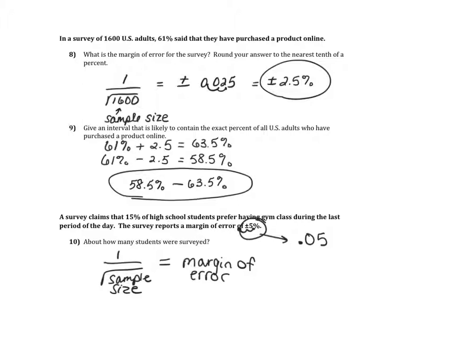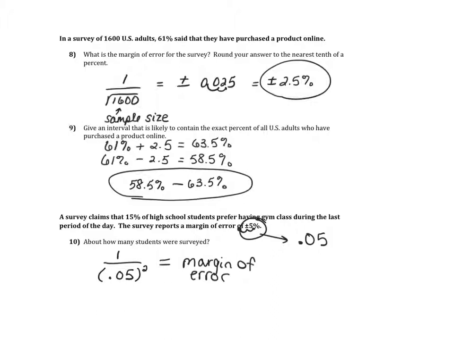And so what you want to do is you can kind of take a shortcut on this type of a problem. You can take, since we, in order to get margin of error, did square root, you can do the opposite of a square root, which is squaring, and we can put that on the bottom of our fraction. And so what you want to do is you get rid of the square root, you take our decimal of 0.05, and you're going to square that because that's the opposite of square root. And this will not now give us margin of error, but this will now give us our sample size.